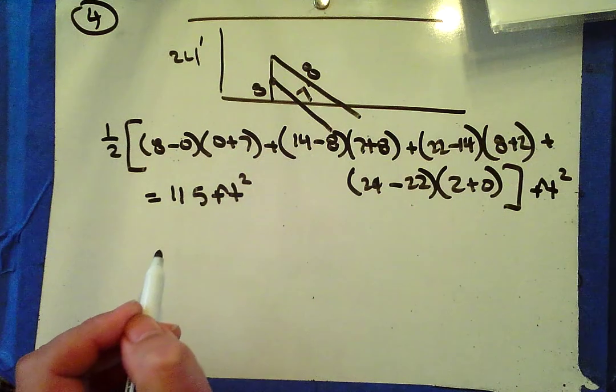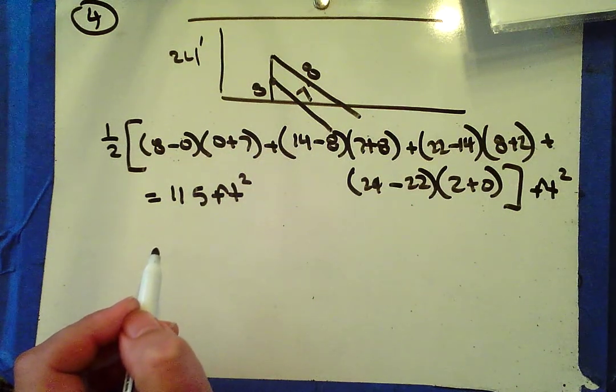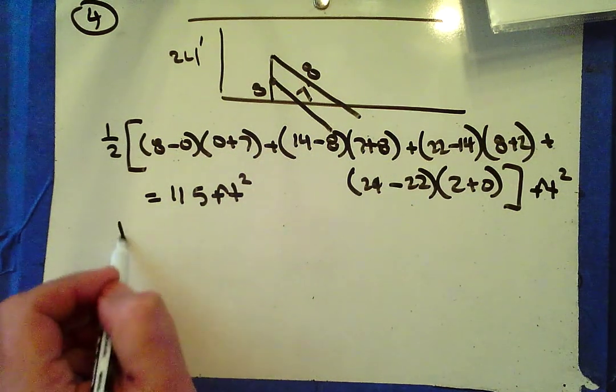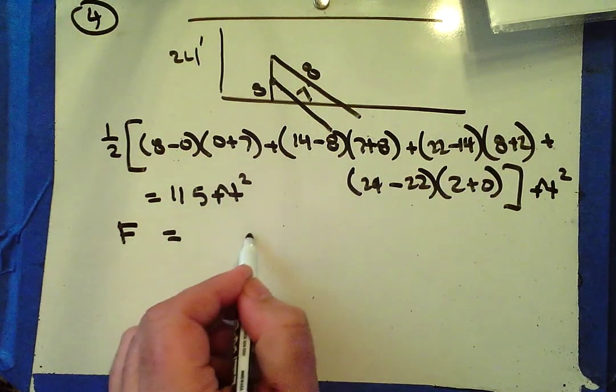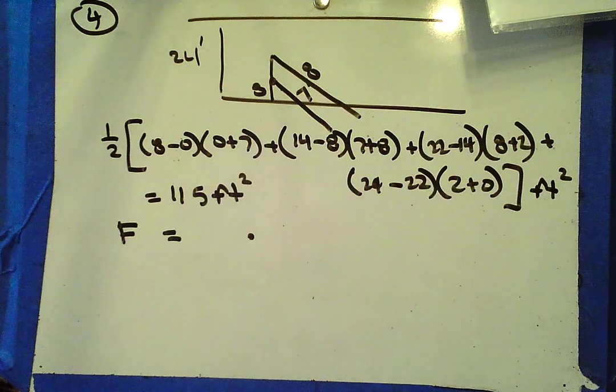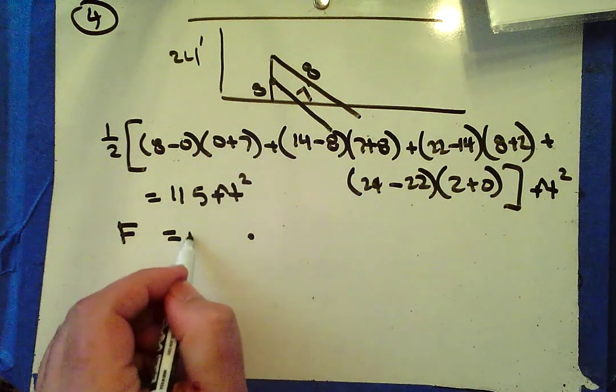Okay, part B. The volumetric flow is the product. Okay, so flow is the product, so I'm going to be multiplying two things together. The product of the cross-sectional area. Oh, I just found that area.